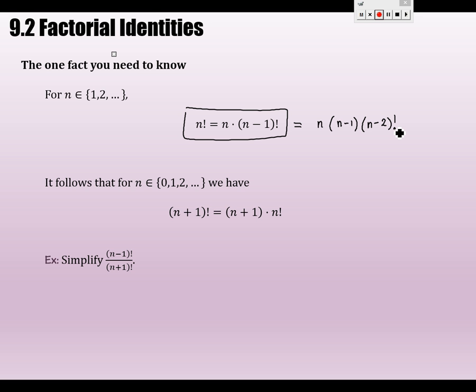The bottom one is that times n. I should just start drawing this.